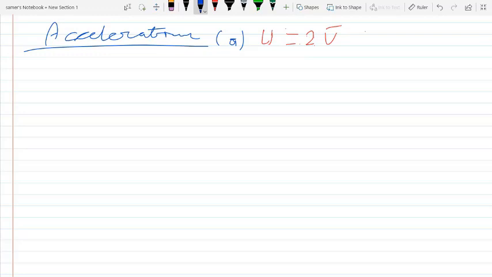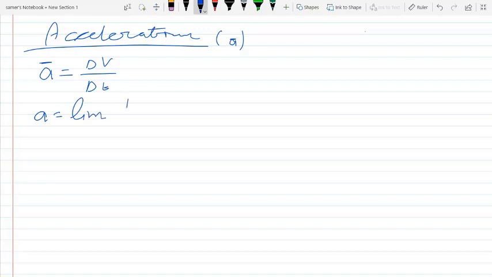And as in velocity, we have average acceleration and we have instantaneous acceleration, where average acceleration is the ratio of delta V over delta T. So A average is equal to delta V, the change in velocity, over the change in time, and instantaneous acceleration is equal to the limit of delta V over delta T as delta T approaches 0.